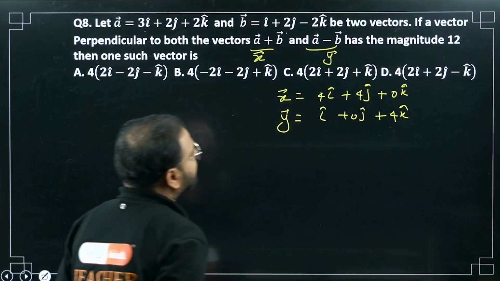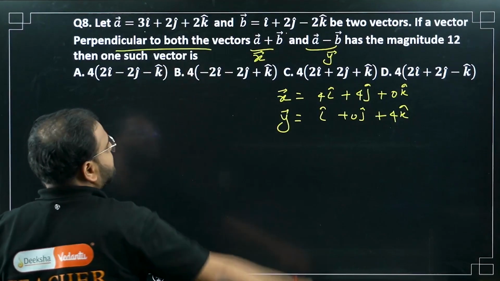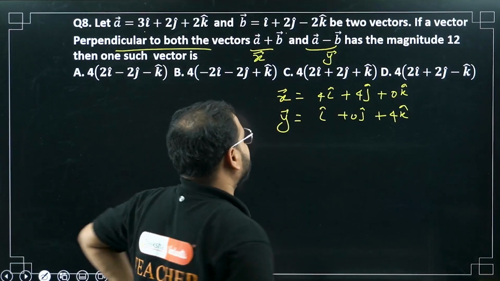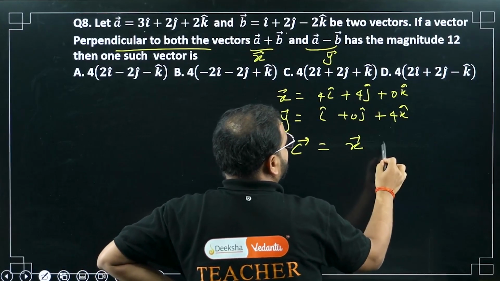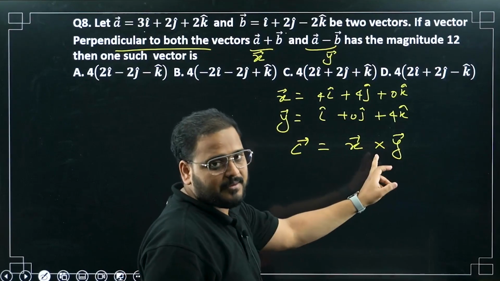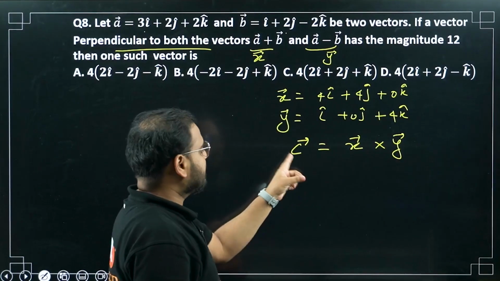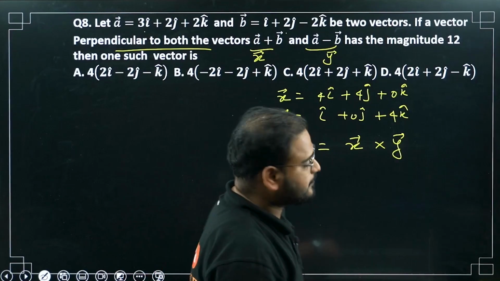So x and y we got. What are they asking? A vector perpendicular to both the vectors x and y. So I can write it like this: a vector c equals x cross y, the cross product of x and y. The resulting vector will be perpendicular to both x and y, the property of the vector product.